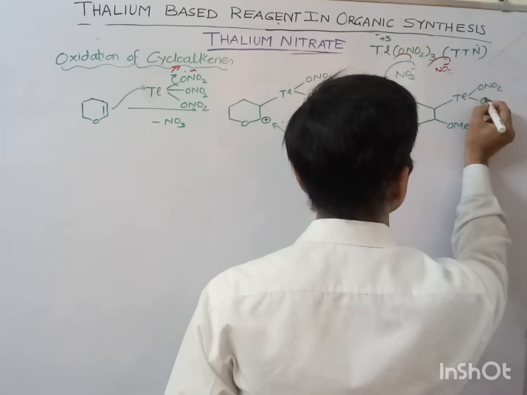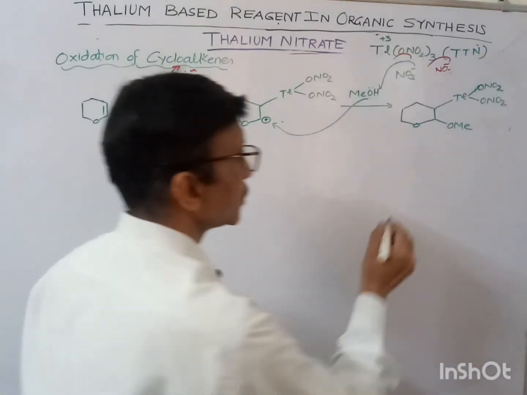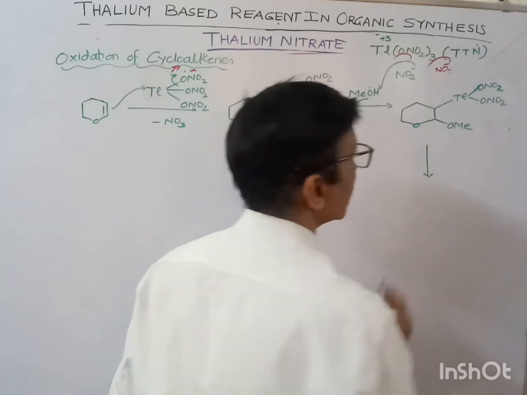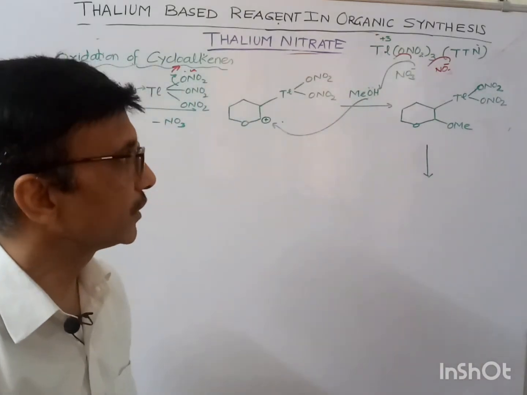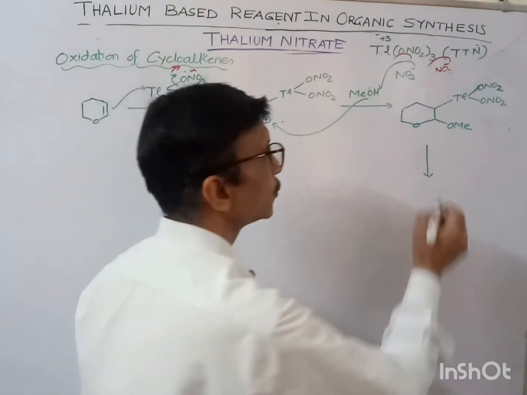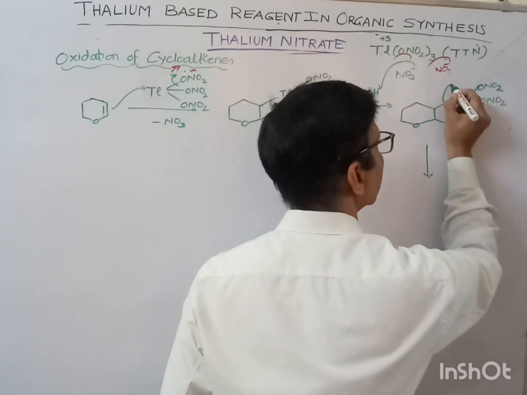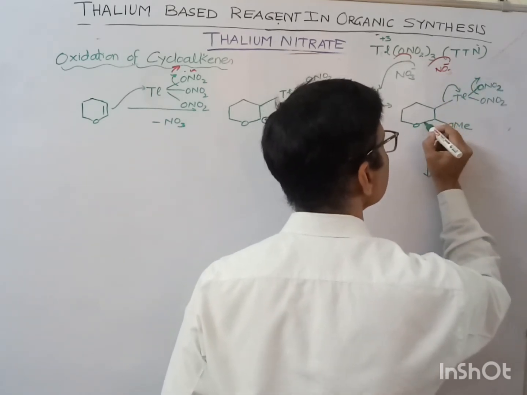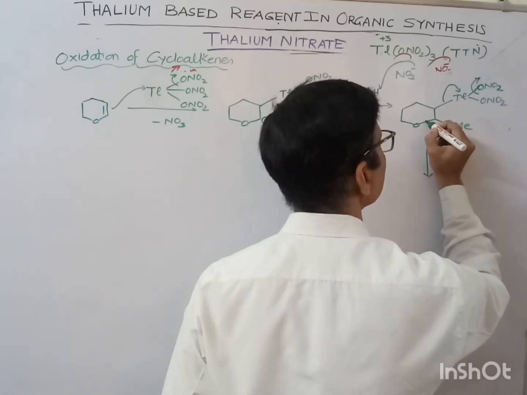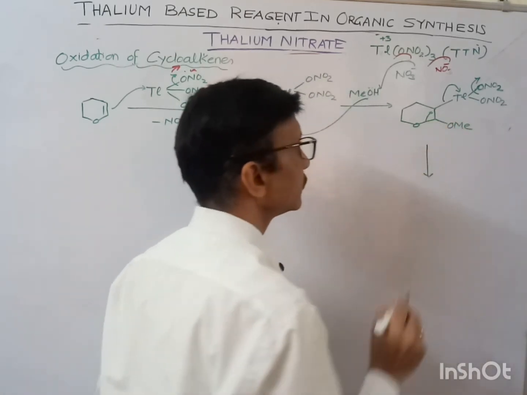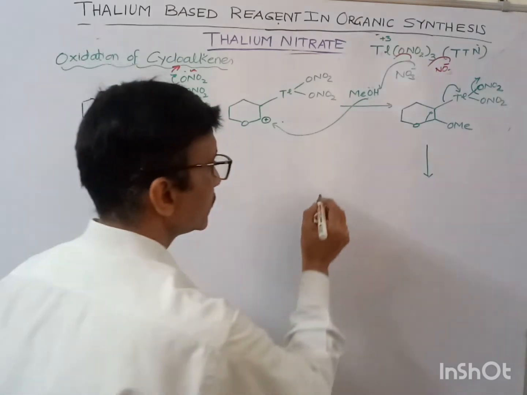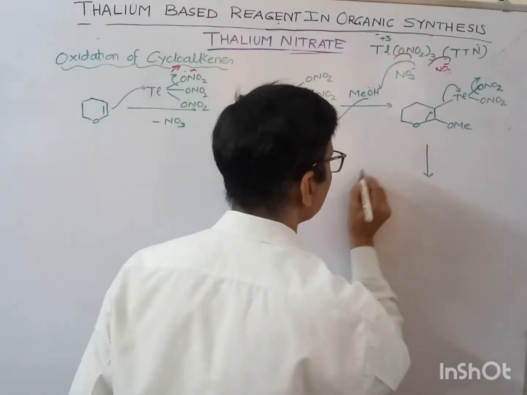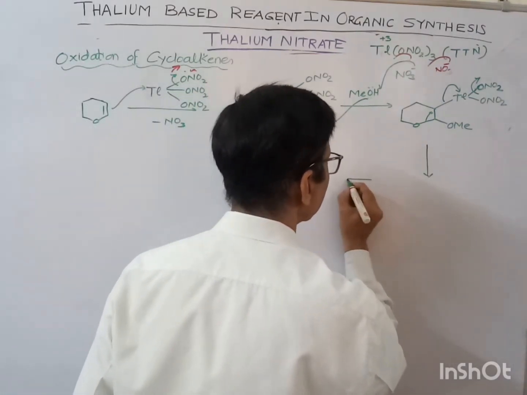Now in next step what will happen? Again this 1-2 shift will occur. What I told you, this bond is weak bond. Now this bond will go over here, and what we will get here, a 5-membered ring can be formed.